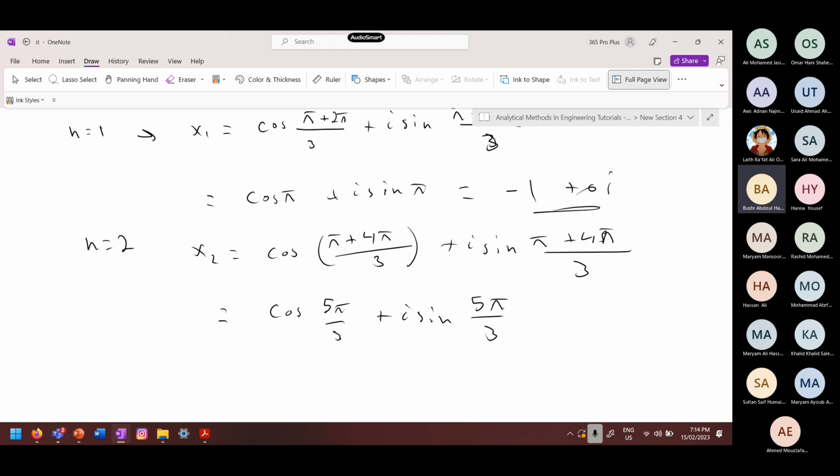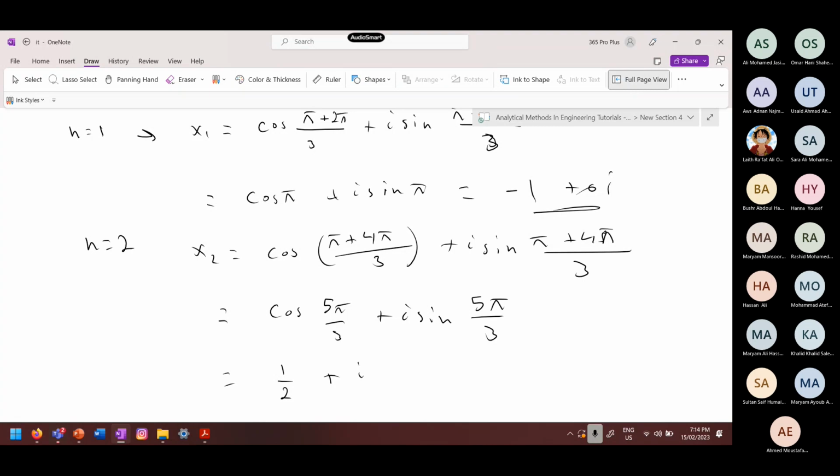Okay, now we need to search for the value given by the equation sheet. Cosine 5 pi over 3 is equal to half. So cosine 5 pi over 3 plus i, the sine 5 pi over 3 is just, I think, 0. Let me think. It's 1 over square root of 2.